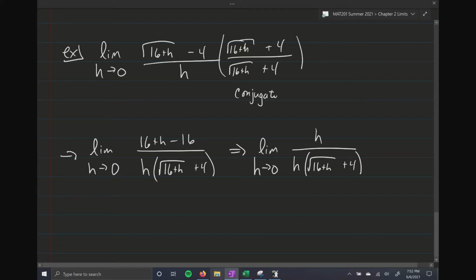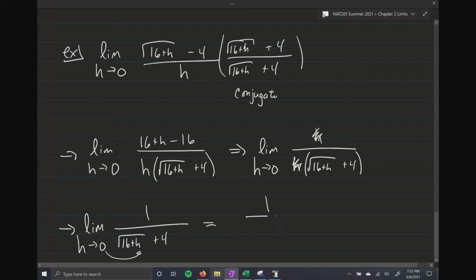So my h's reduce, and that leaves me with the limit as h approaches 0 of 1 over the square root of 16 plus h plus 4. Now if I use direct substitution, I get 1 over the square root of 16 plus 4, which is 1 over 8.